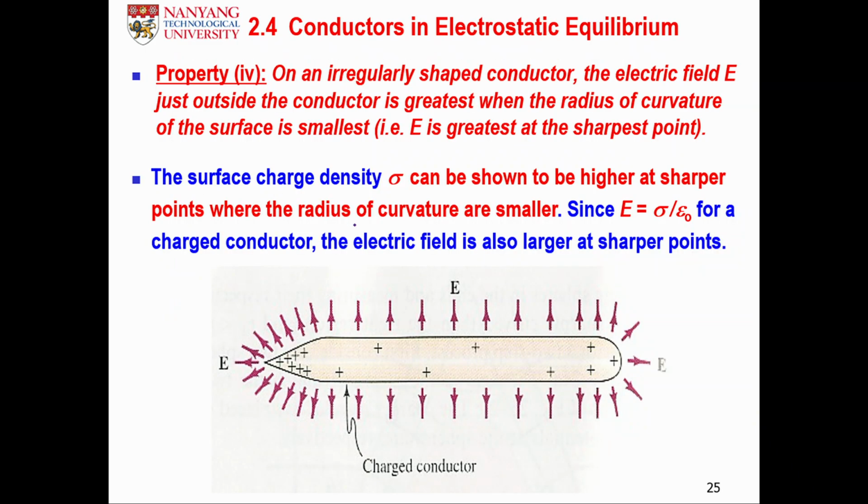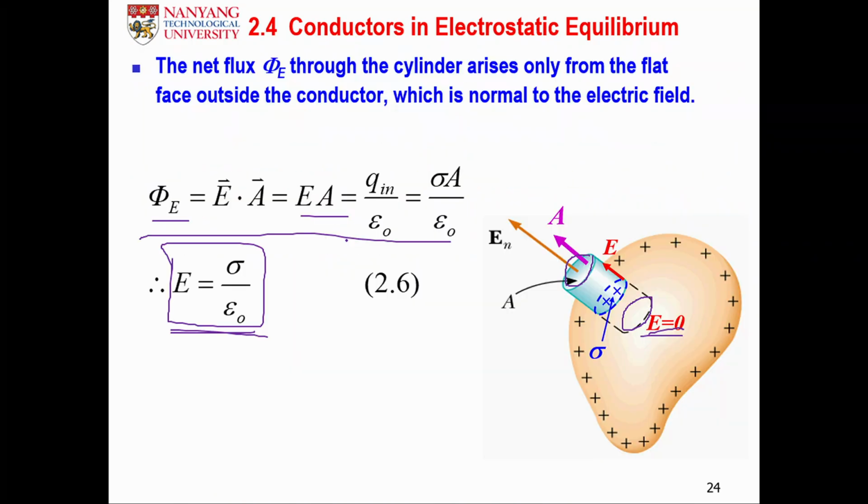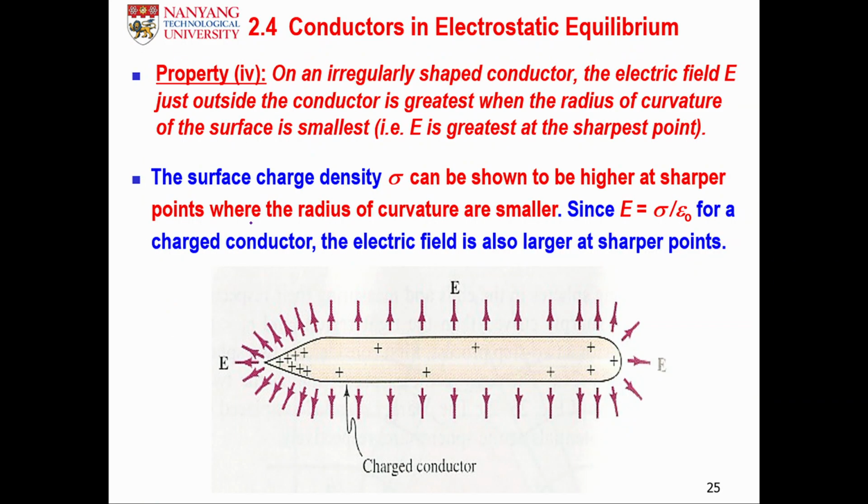And the fourth property is basically another version of the third one. You can see here E is a function of sigma, the surface charge density. And in reality, this surface charge density is going to depend on the geometry of your conductor.